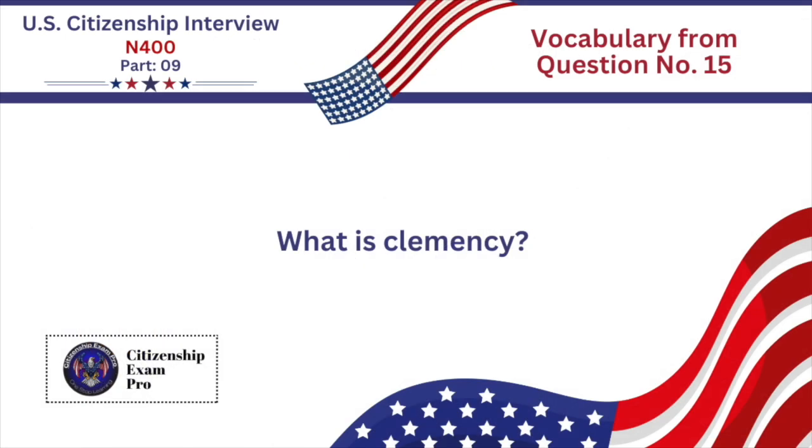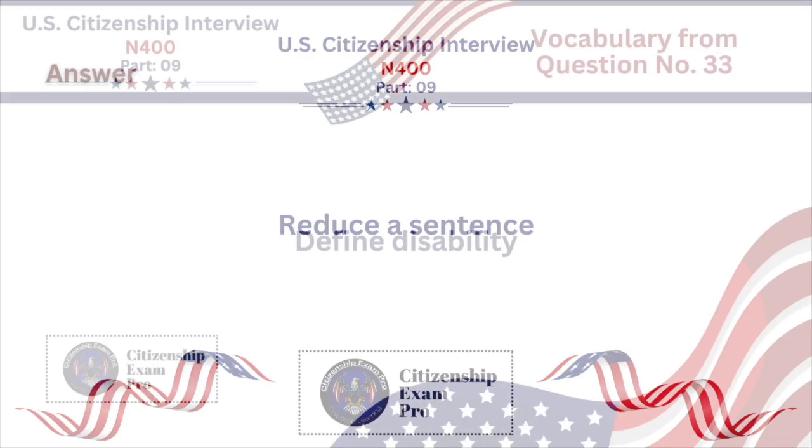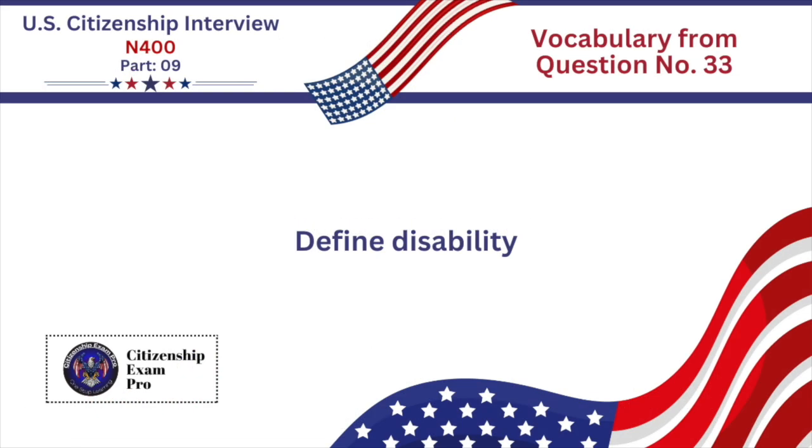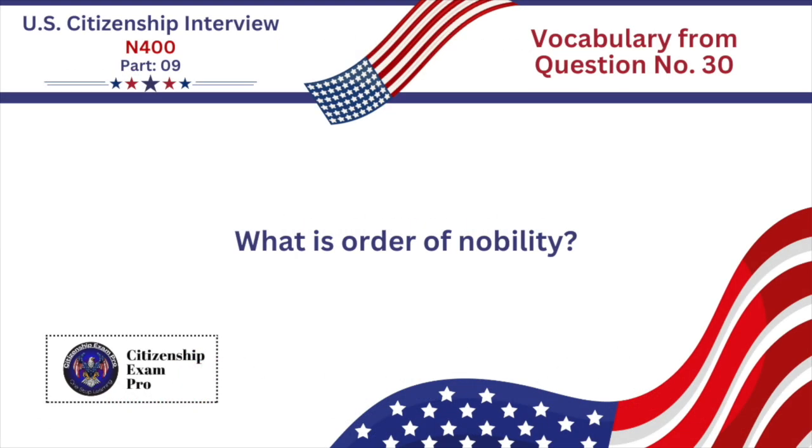What is clemency? Reduce a sentence. Define disability. Limitations of ability. What is order of nobility?